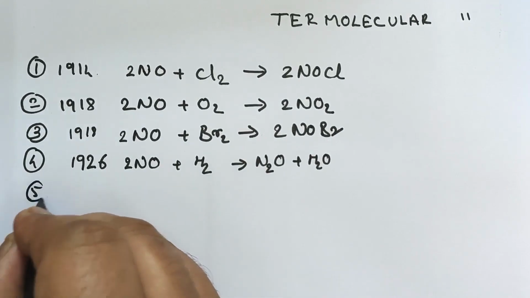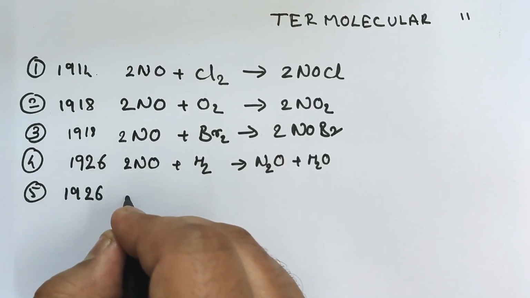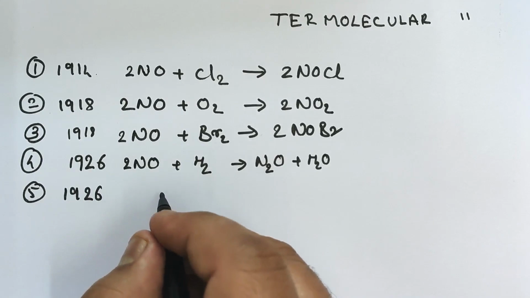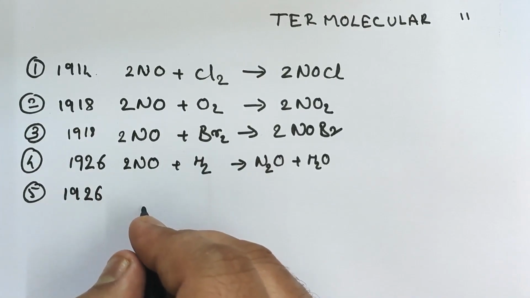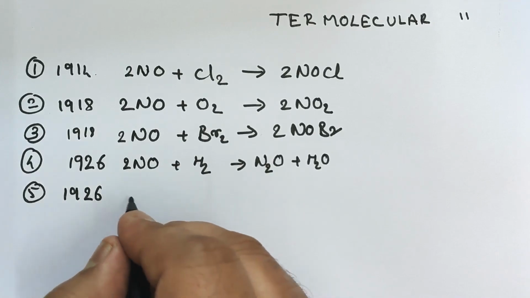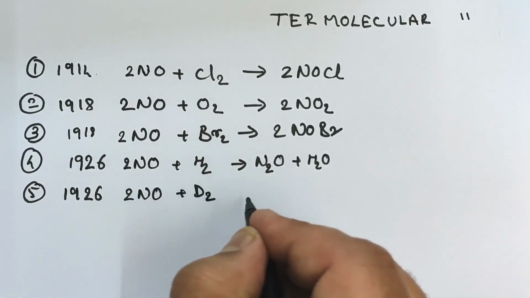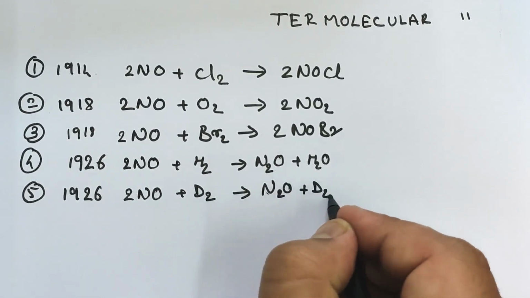And the fifth and final reaction, again reported in 1926 by C.N. Hinshelwood, used heavy hydrogen or deuterium instead of hydrogen, that is 2NO plus D2, giving N2O plus D2O.